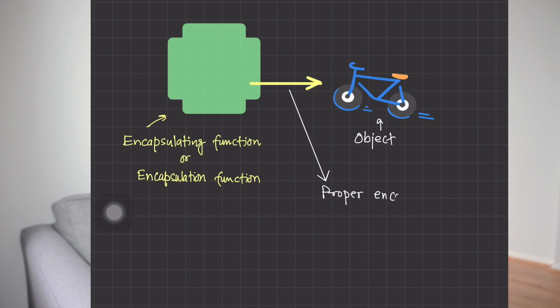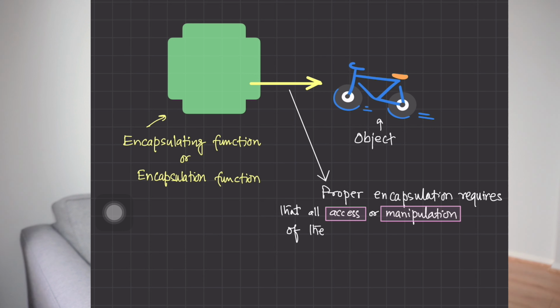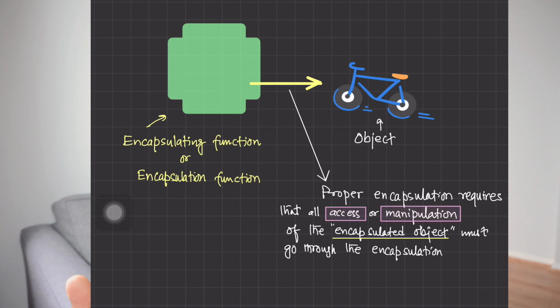So proper encapsulation requires that all access or manipulation of the encapsulated object must go through the encapsulation function, which I have already explained: there should be no access which bypasses this encapsulating function. If it happens, then the encapsulation is weak.